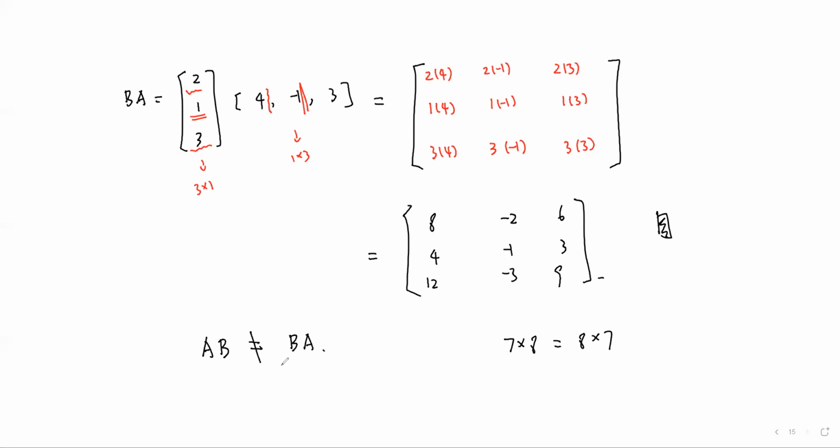One more example. Example number 5. Let A be 5, 1, 3, -2, which is 2 by 2. B is 2, 0, 4, 3, also 2 by 2.